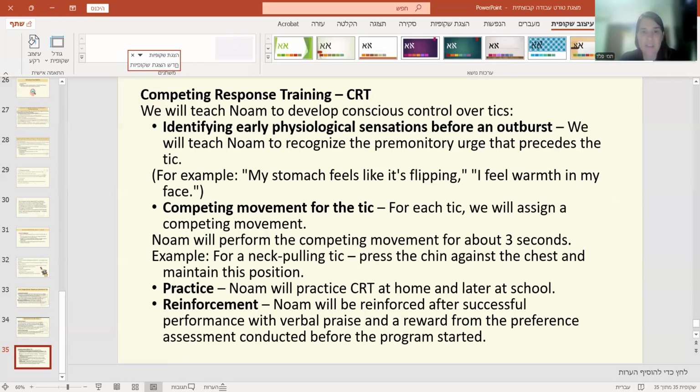Noam will practice CRT first at home and later at school. And the reinforcement is the most important thing. Noam will be reinforced after a successful performance with verbal praise and a reward from the preference assessment conducted before the program started. Thank you.